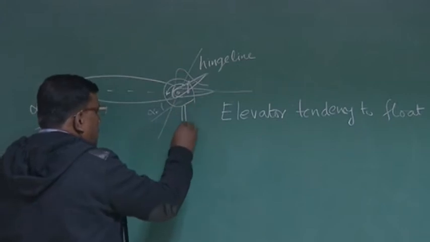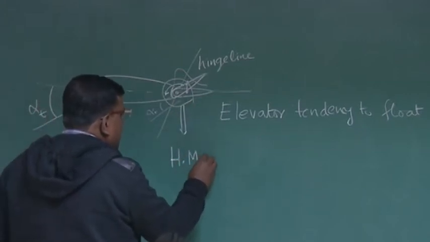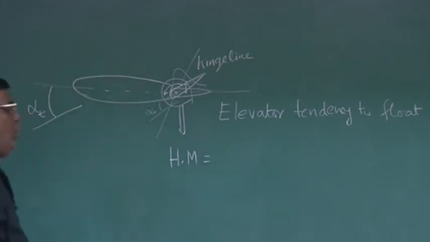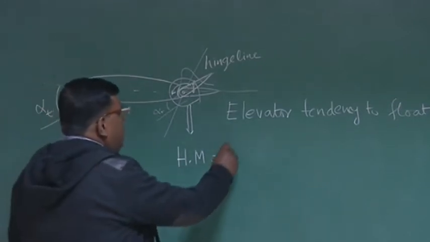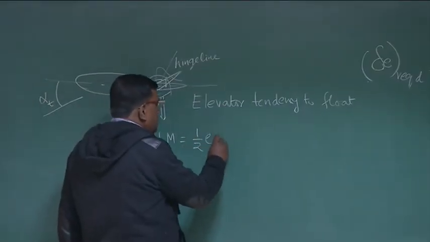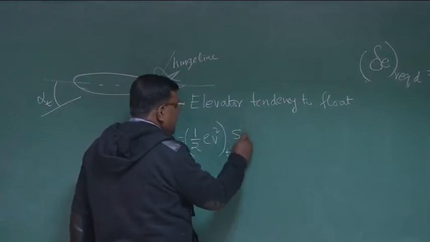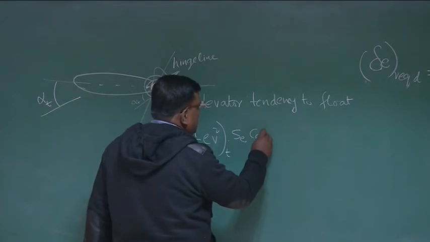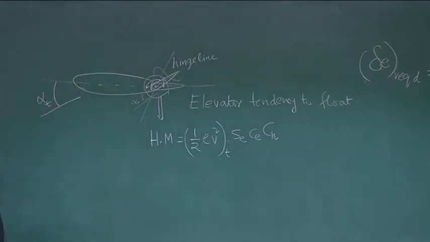I call there is something hinge moment, HM, which is hinge moment. I model this hinge moment as I am modeling pitching moment. I write it as half rho v square at tail into S elevator, C elevator into CH, which is the hinge moment coefficient. Is this clear?